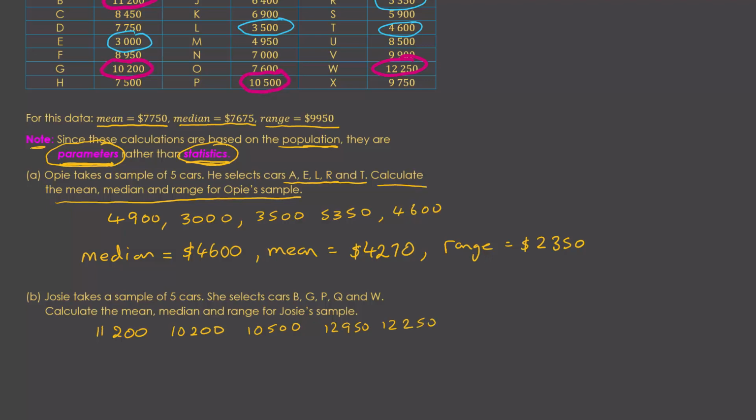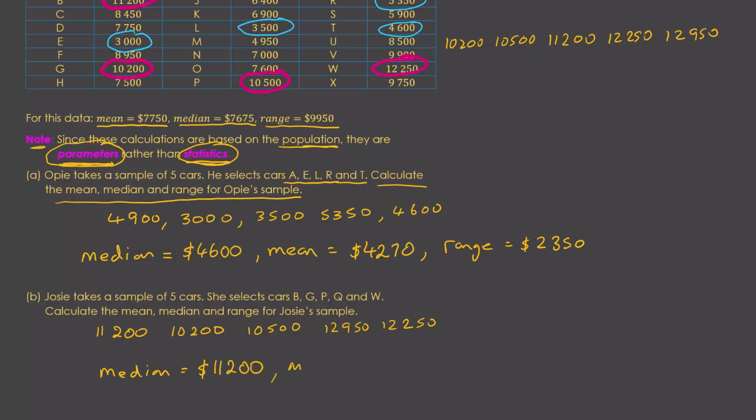So putting those into order, we get 10,200, 10,500, 11,200, 12,250, and 12,950. And the median is the middle piece of data in that ordered list. And so that's 11,200.